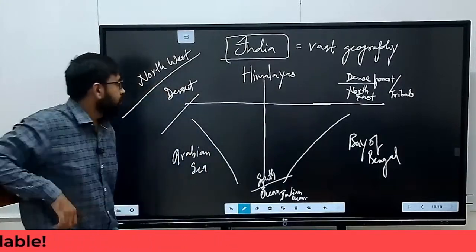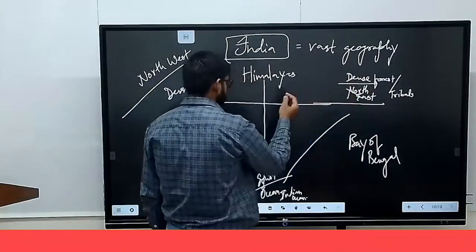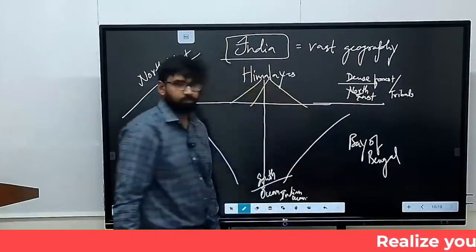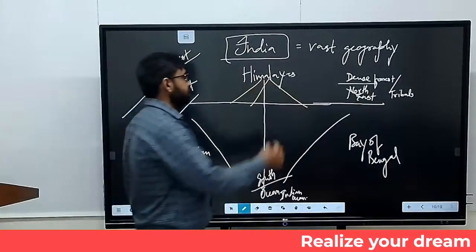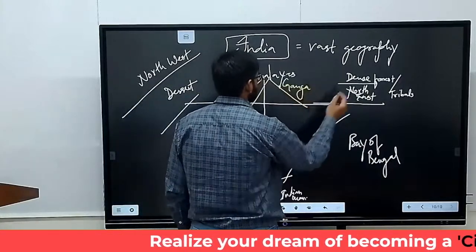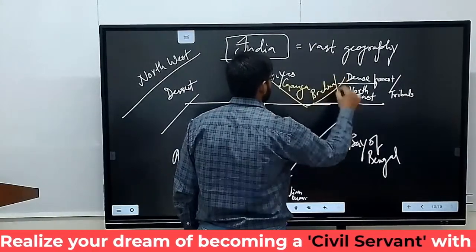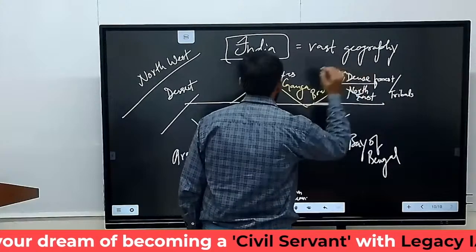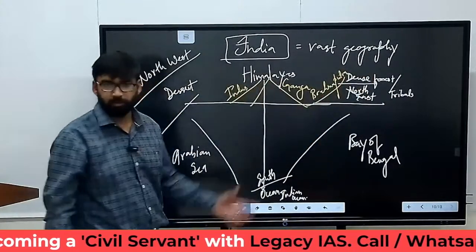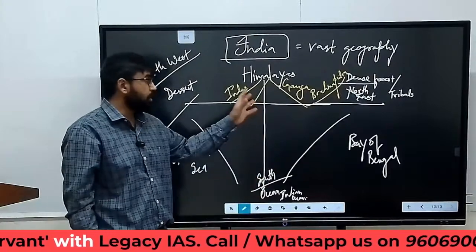Clear? Now, there are three important Himalayan rivers in the north. That is Ganga. Here another river, Brahmaputra. This side Indus River. Three important rivers are there, Himalayan rivers. These are not seasonal rivers.